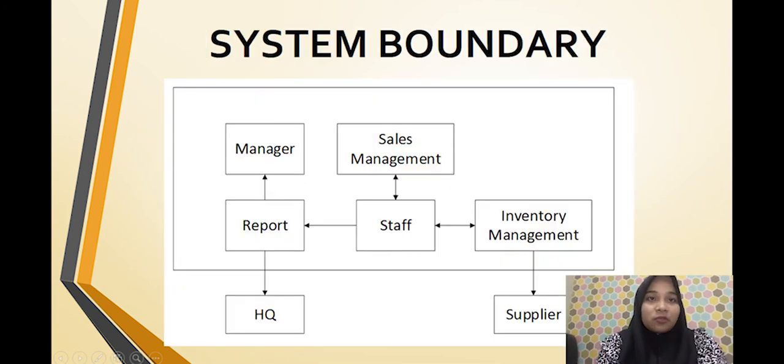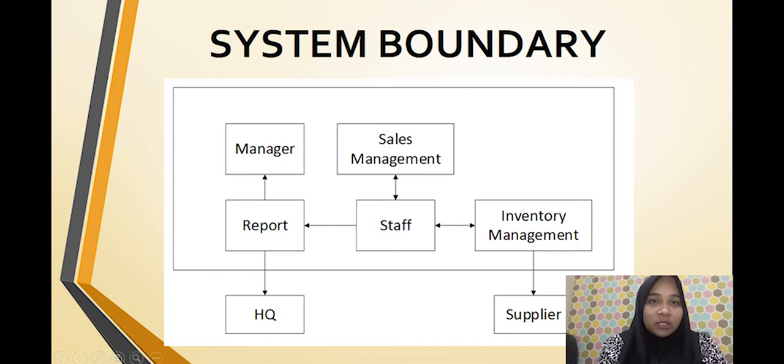For system boundary, sales staff can access the sales management, and all financial data should be backed up and stored in database for safekeeping and audit purpose. Second, inventory staff can view the stock level for each spectacles and manage the inventory.